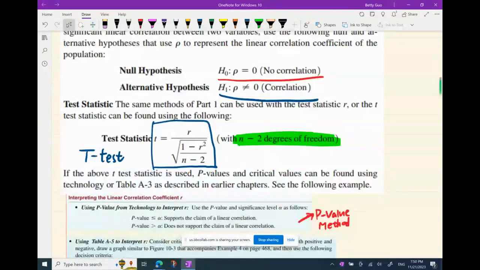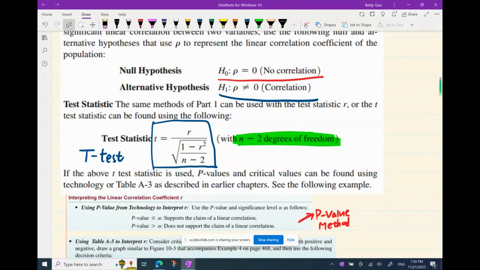Same with the hypothesis tests we have been learning in chapter 8 and chapter 9, we have two methods. One method is the p-value method. The other method is the critical value method. With the p-value method, you can use the calculator quickly to find the p-value and then compare the p-value with alpha, the significance level.